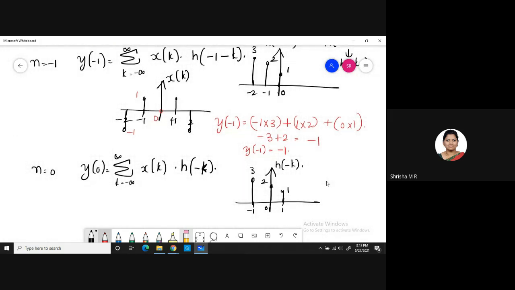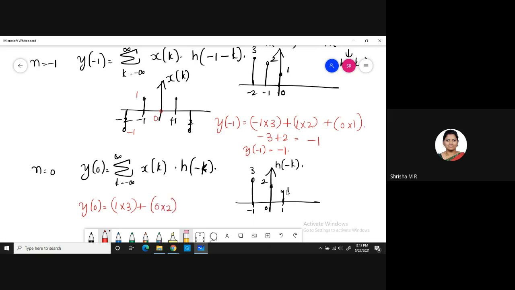What is y of 0? Overlapping is from -1 to +1, right? -1, 0, +1. So at -1 you have 1 in x of k, and in h of minus k you have 3, plus at k is equal to 0, you have 0 into 2.